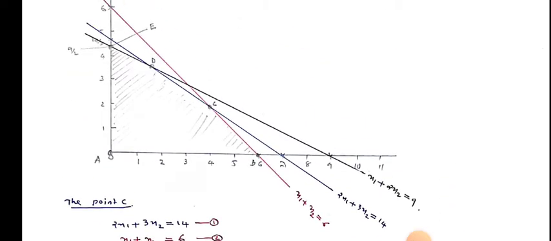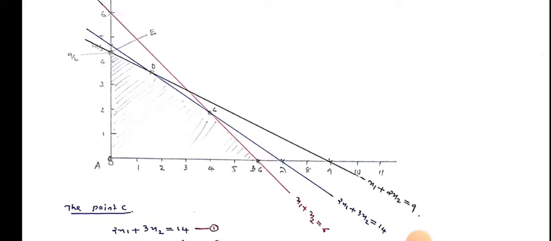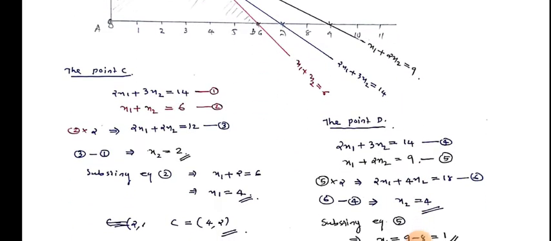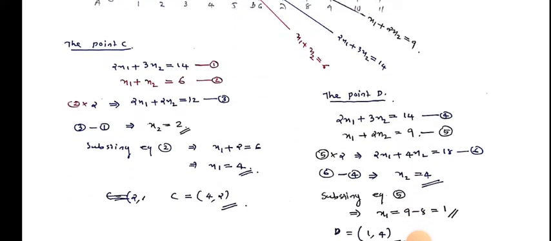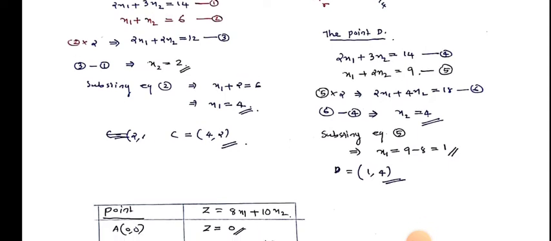Similarly, find the point D. The point D is the intersection of the lines x1 plus 2x2 equal to 9 and 2x1 plus 3x2 equal to 14, that is equation 4 and equation 5. Multiply 5 by 2, then we get 2x1 plus 4x2 equal to 18.